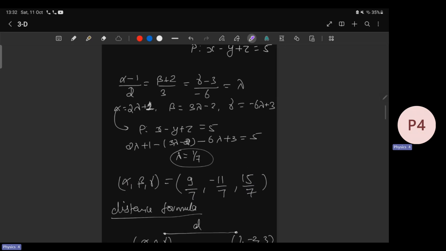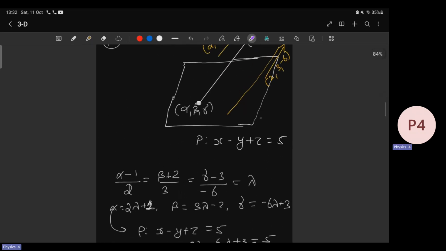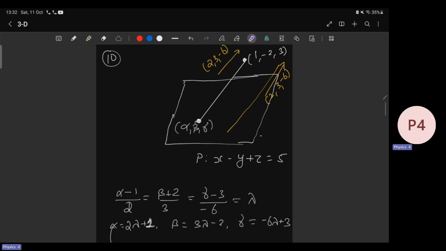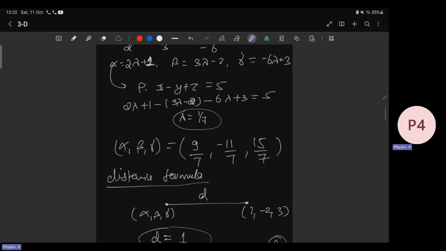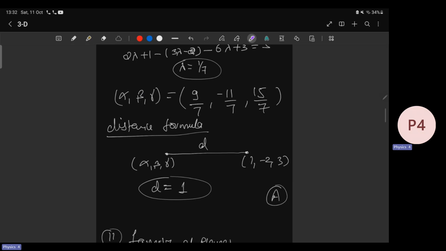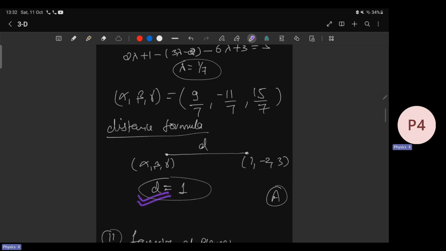Now we got the coordinates alpha, beta, and gamma. So we can easily find this distance d by simply using the distance formula between these 2 points. So alpha, beta, gamma is this, and this is the other point. If you use the distance formula, we get d equals to 1. So option A is the correct answer.